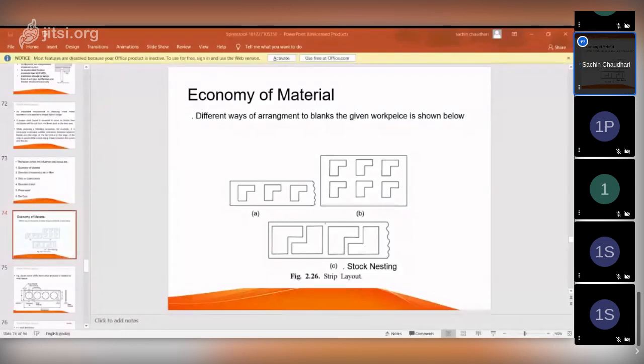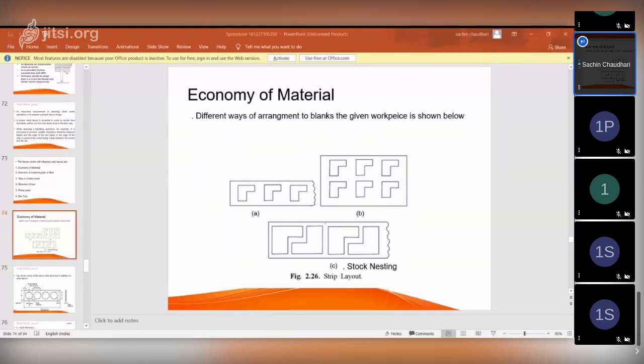Now next is your figure number C. It is also called stock nesting. Okay, so see the changes in figure number C. It is similar, it acts as a single pass or single row. It shows a single row double pass strip.